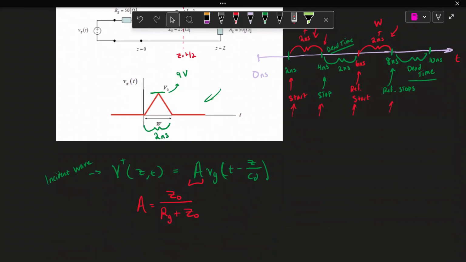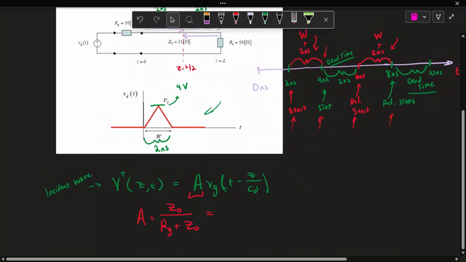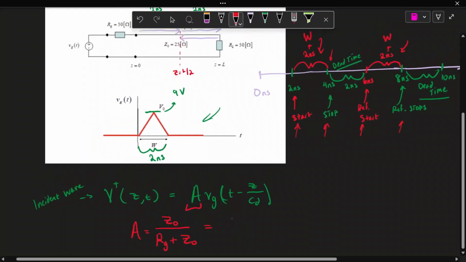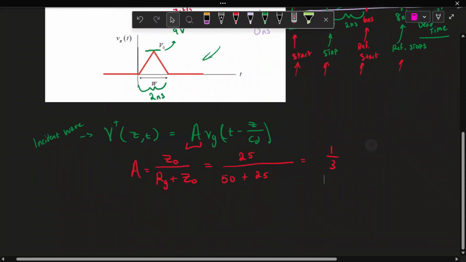And that's what Rg is. So in our case here, Z naught, the characteristic impedance, is 25, divided now by 50, which is our Rg, plus 25. What is that? That's 25 over 75. That's 1/3. Okay, cool. We have an equation, and we have our only unknown here.